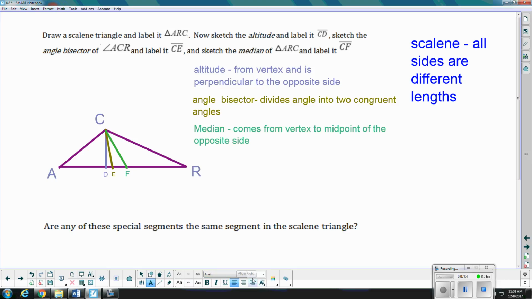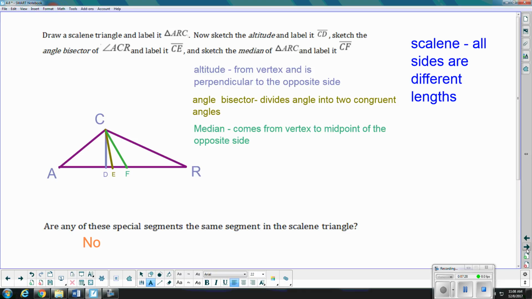They all lead to different points on AR, and none of those segments overlap. So no, none of these are the same in this scalene triangle. Now if you look at your own, you should see that they're all different. If your triangle is actually scalene, all of these should be different.